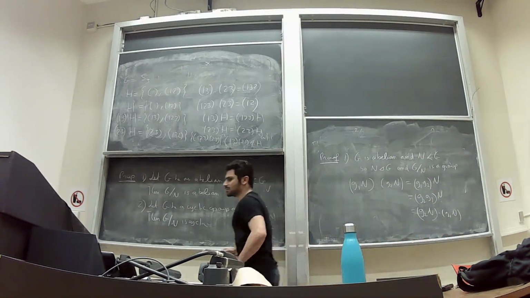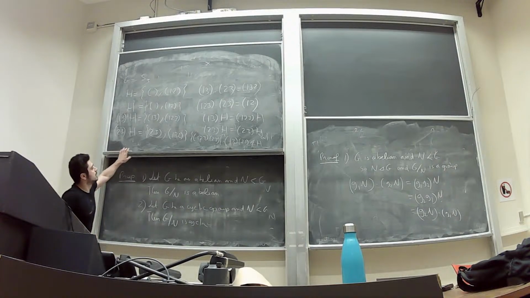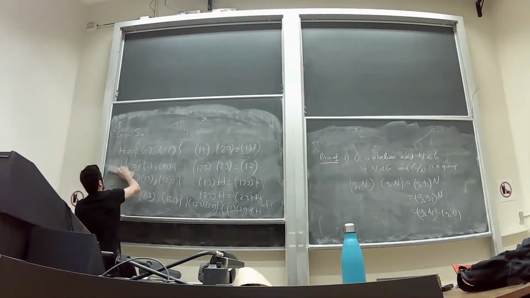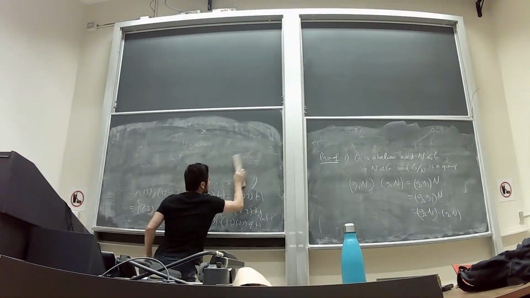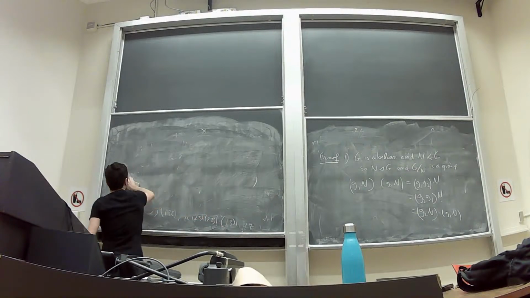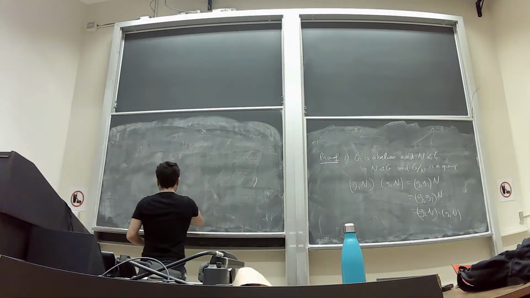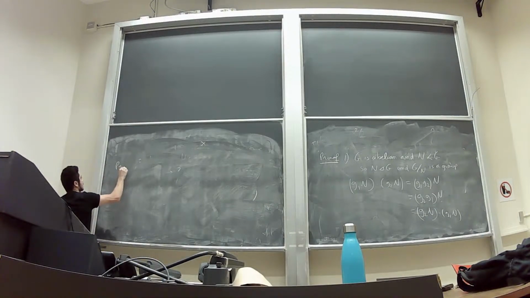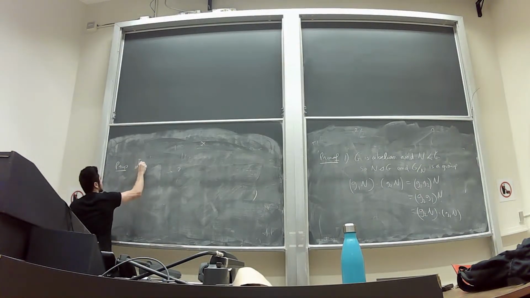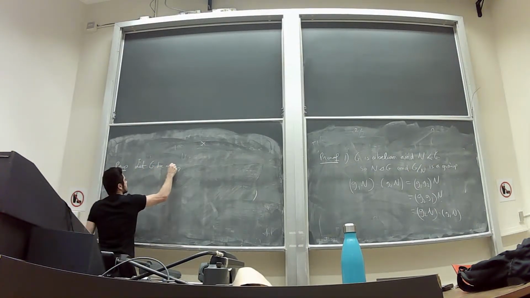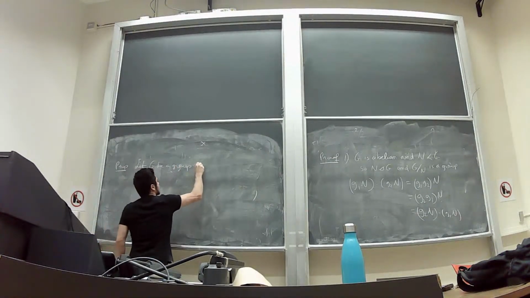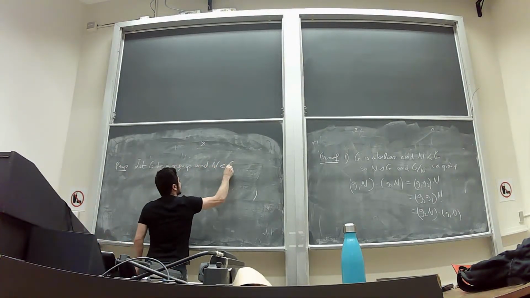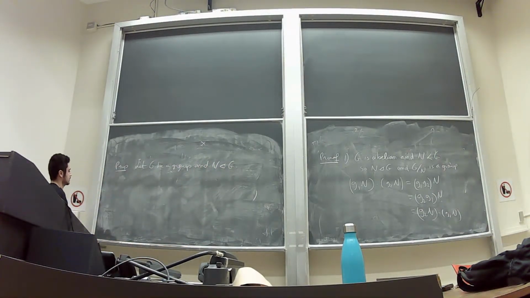Oh, by the way, there's something important I forgot to say. What is the identity element of G modulo N if N is a normal subgroup? It should be a group, and N is normal in G. What is the identity element of G mod N?